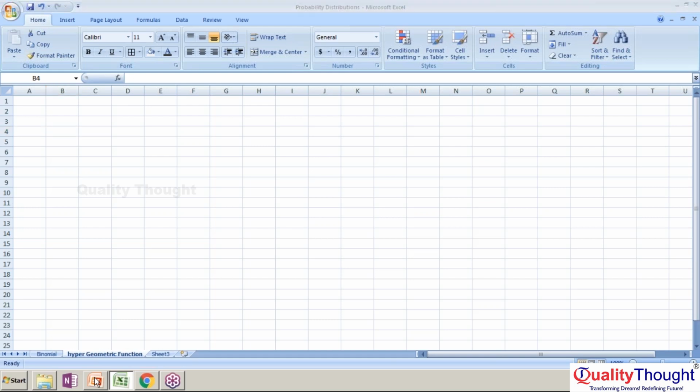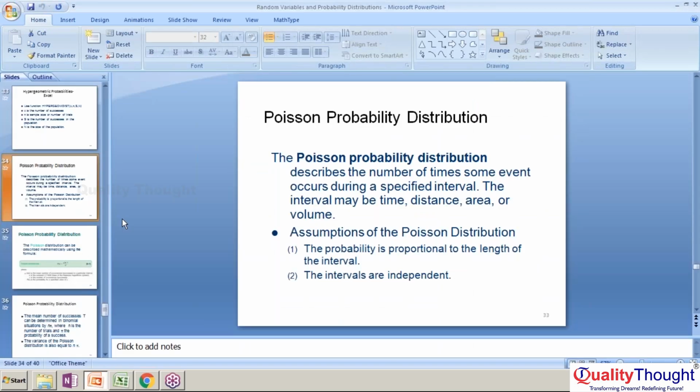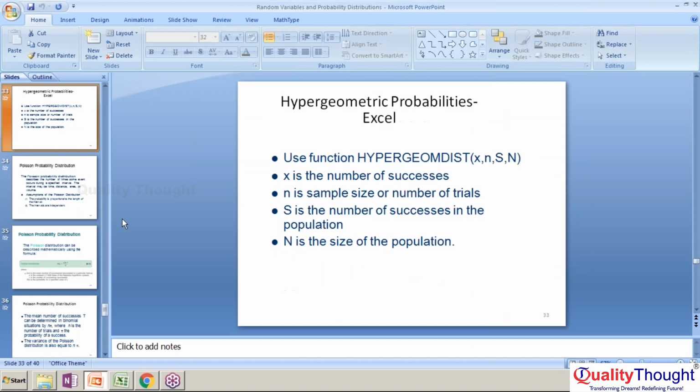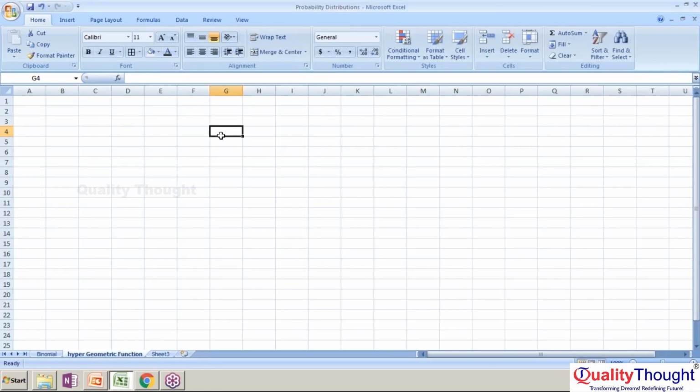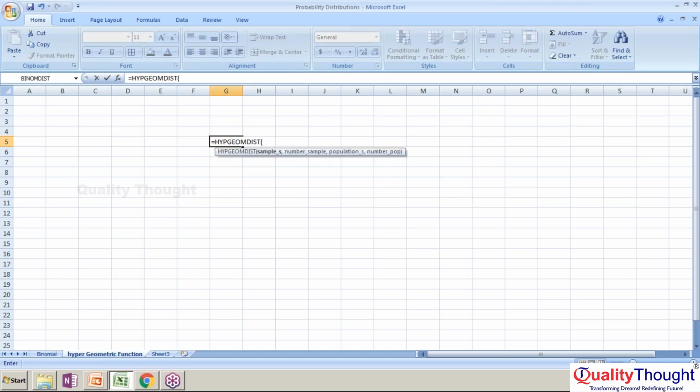We need to understand the probability here. So we know hypergeometric distribution. Samples. How many samples?